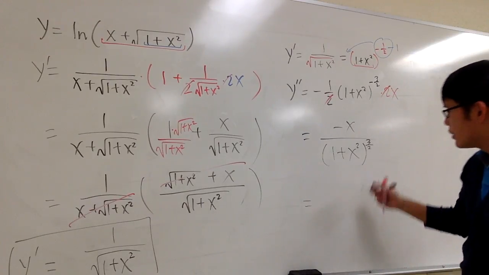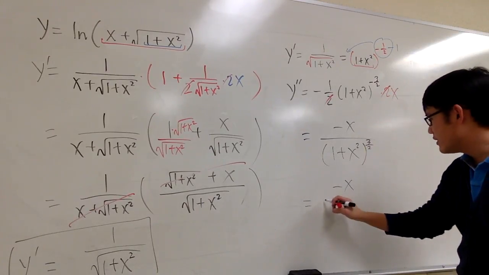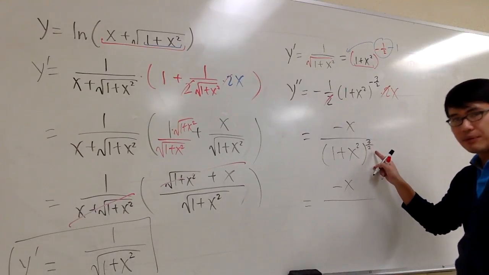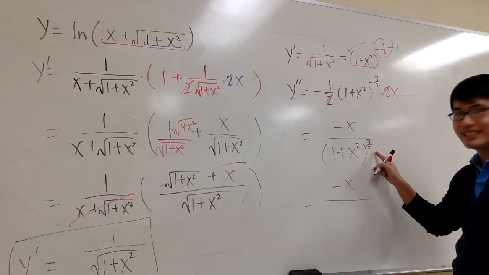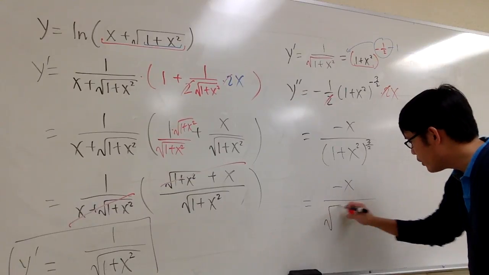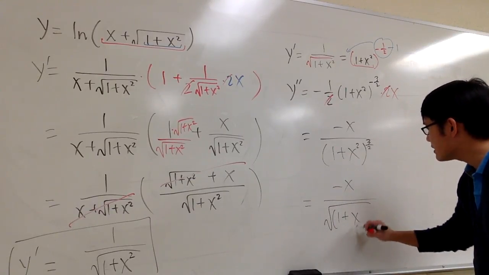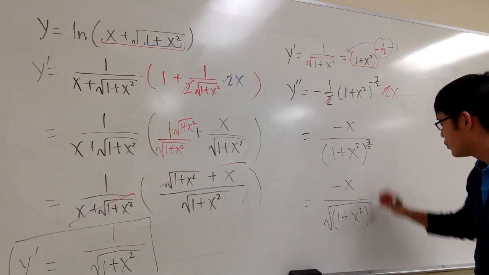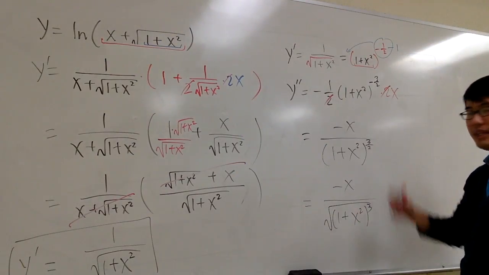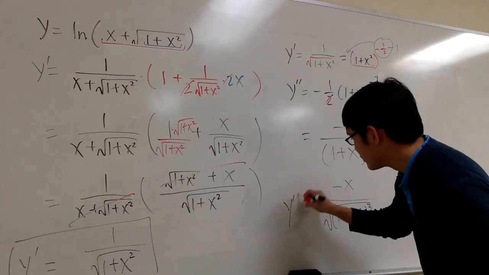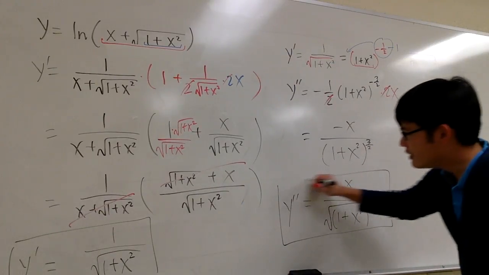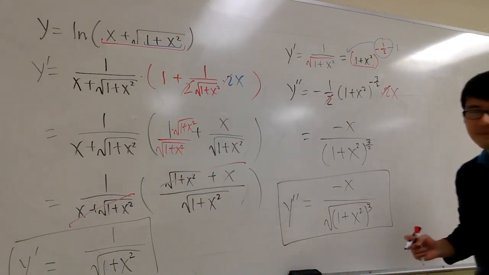Well, sometimes what we can do is the top is still negative x, but then the half power right here becomes a square root. I can rewrite this as the square root, and use parentheses, 1 plus x squared and then to the 3rd power. Either way, perhaps I will box this one. And this right here is the 2nd derivative. That's it.